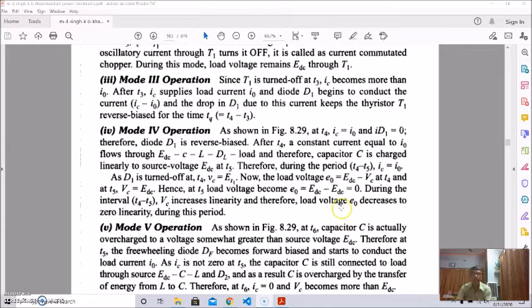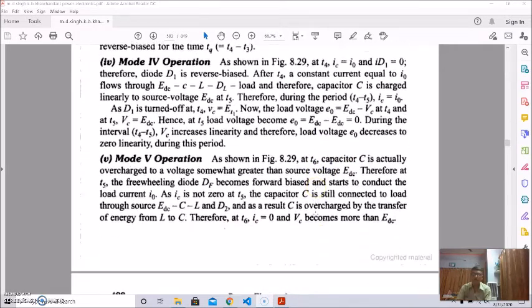Now the load voltage E0 equals EDC minus VC at T4, and at T5 VC equals EDC, hence at T5 load voltage becomes E0 equals EDC minus EDC equals 0. During this interval T4 to T5, VC increases linearly, and therefore load voltage E0 decreases to 0 linearly.